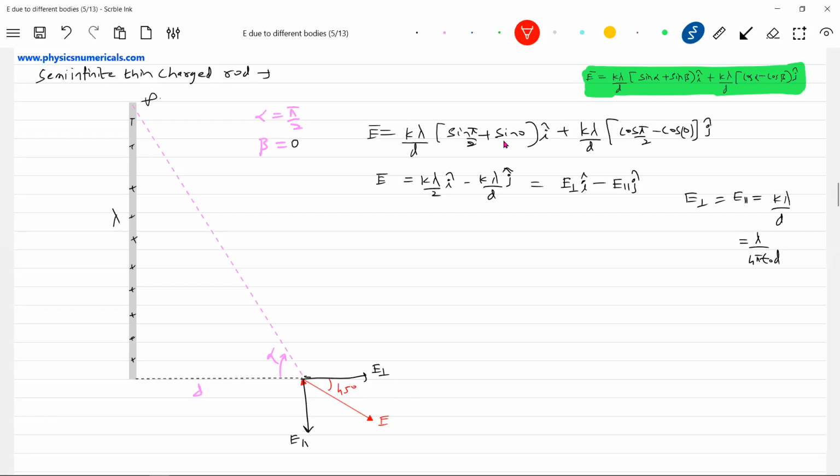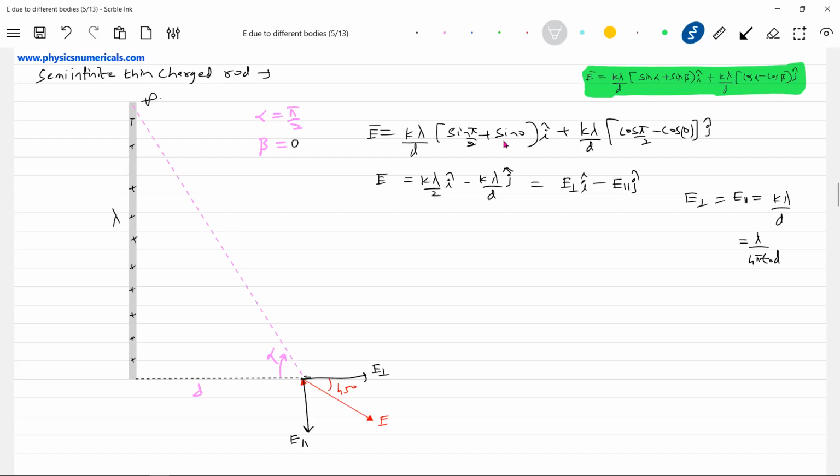Can we define that E bar? Already we have. For a semi-infinite rod, there's a condition. Okay, now same thing, let me trouble you with this.